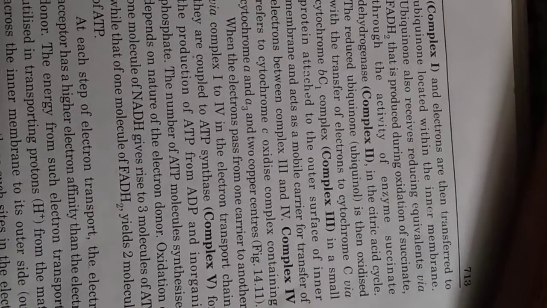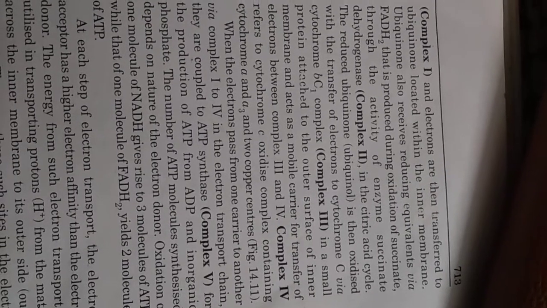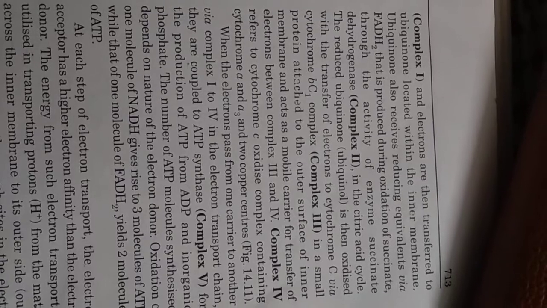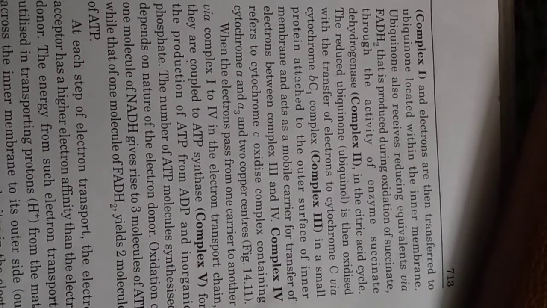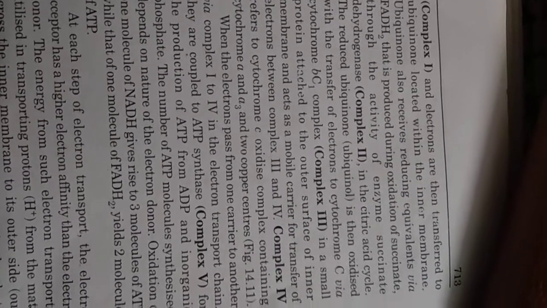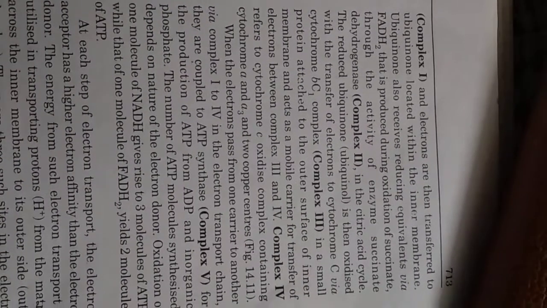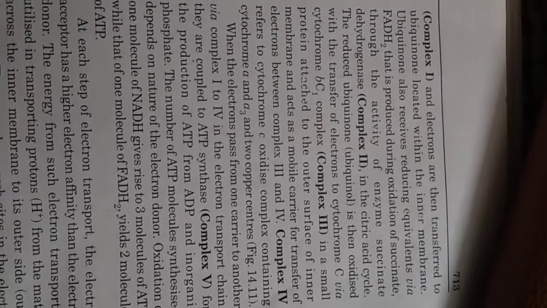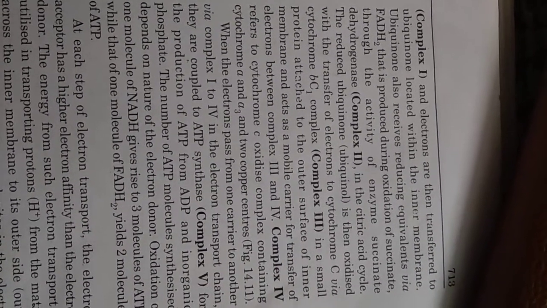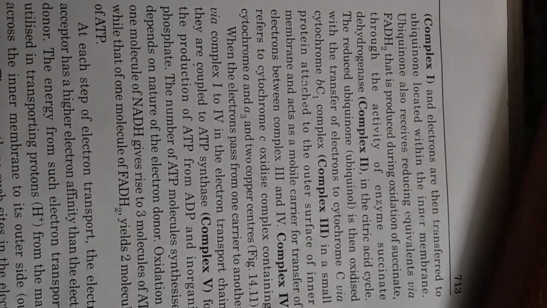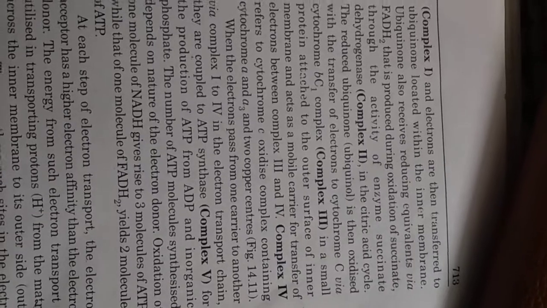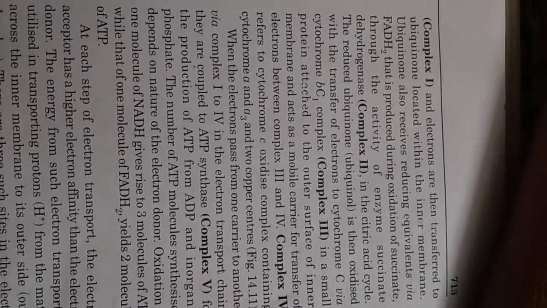Then there is another transfer of electrons from cytochrome BC1 to complex 4, called cytochrome C oxidase. From cytochrome C oxidase, which also has copper in it, electrons pass to the last acceptor, ATP synthase, which is complex 5. In the ATP synthase, ATP is produced from ADP and inorganic phosphate.